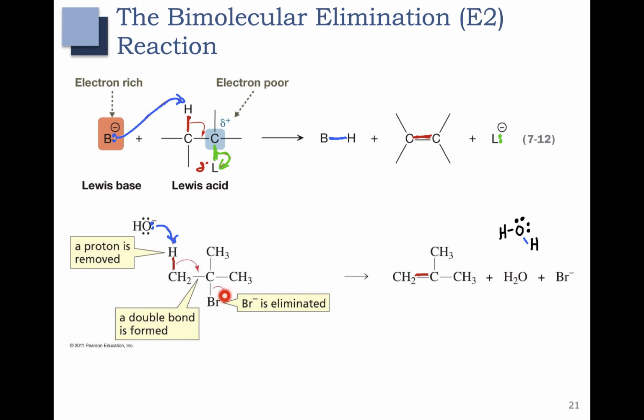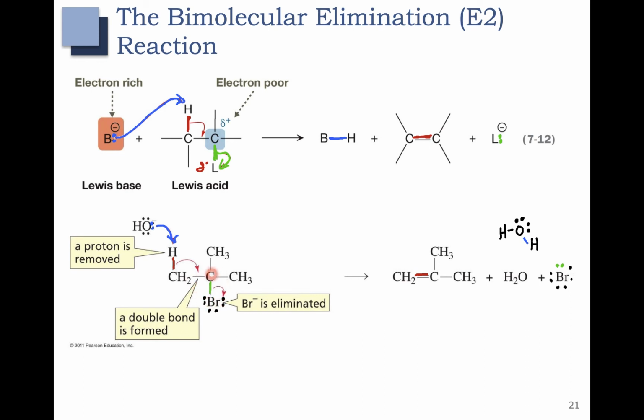And in this case, our leaving group is Br minus. So the carbon-bromine bond is going to break and form a green lone pair on bromine. I'm going to draw in the other electrons here so we can keep track of what's happening.